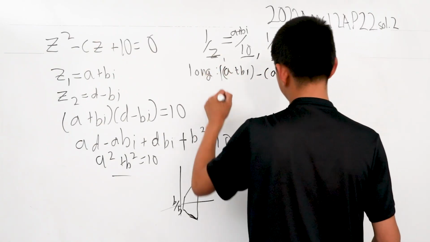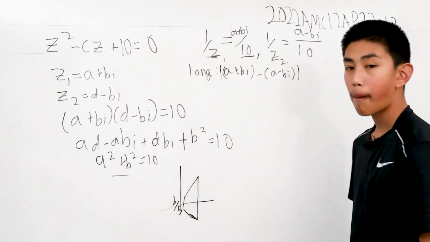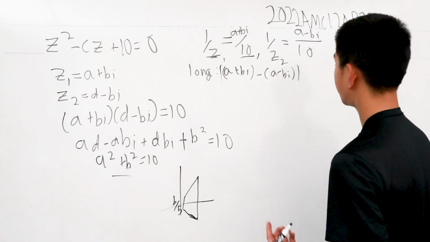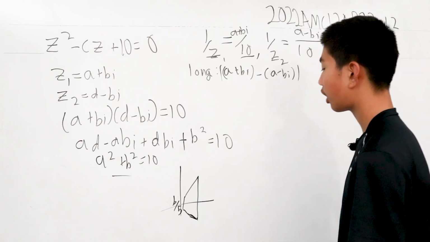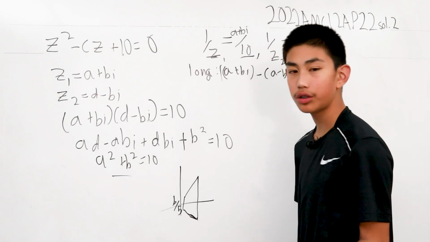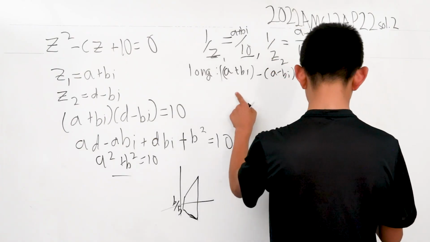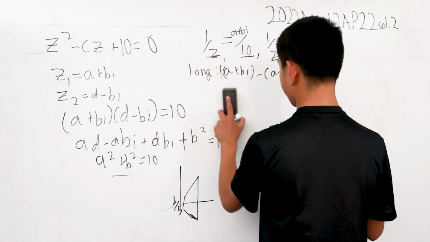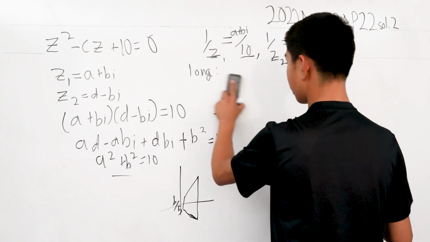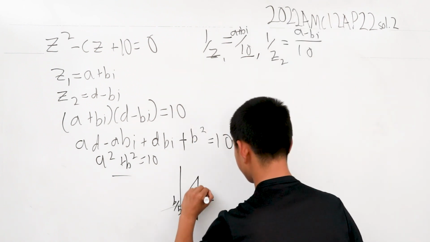I forgot to mention that it's the absolute value, because you only want the positive value. You can't have a negative side value, that would be quite impossible. And this value will be just 2b.